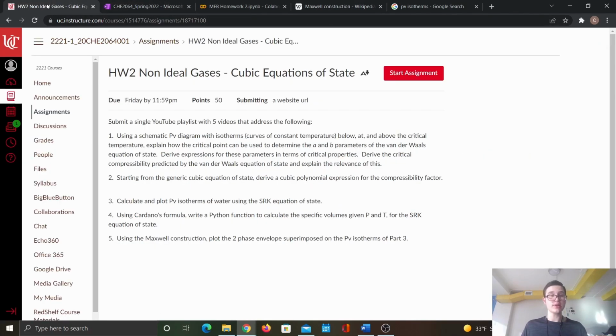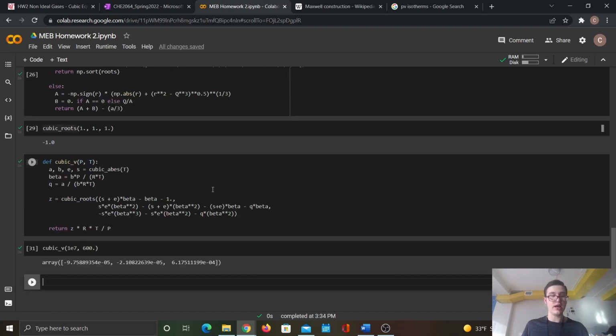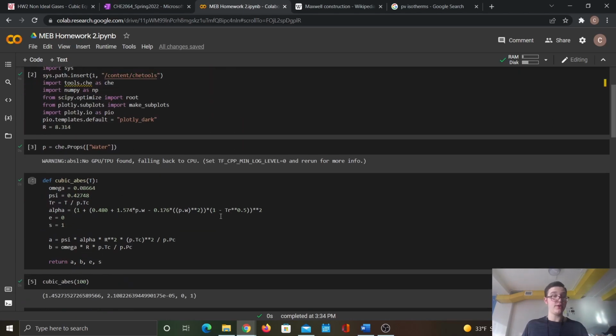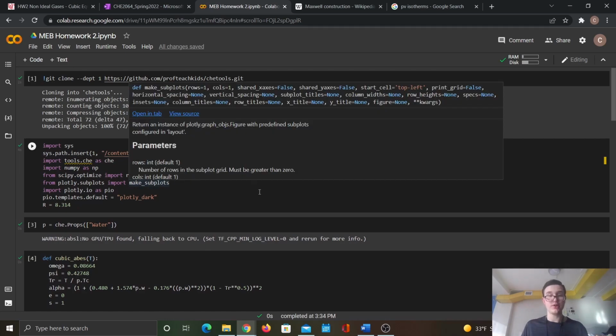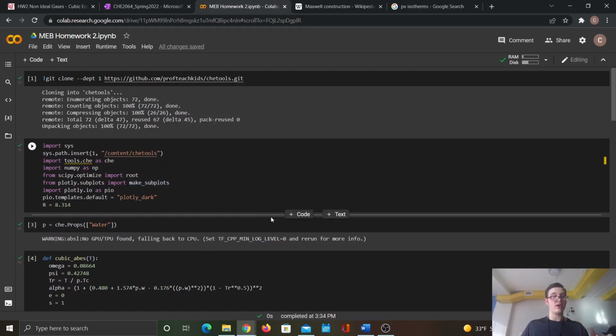So we're going to be using the Maxwell construction, using some integrals and some Python code to find the specific pressure and then plot that on the graph.